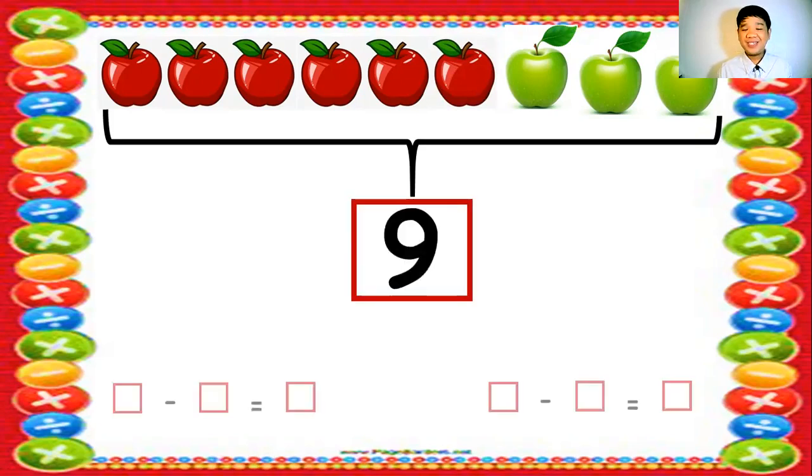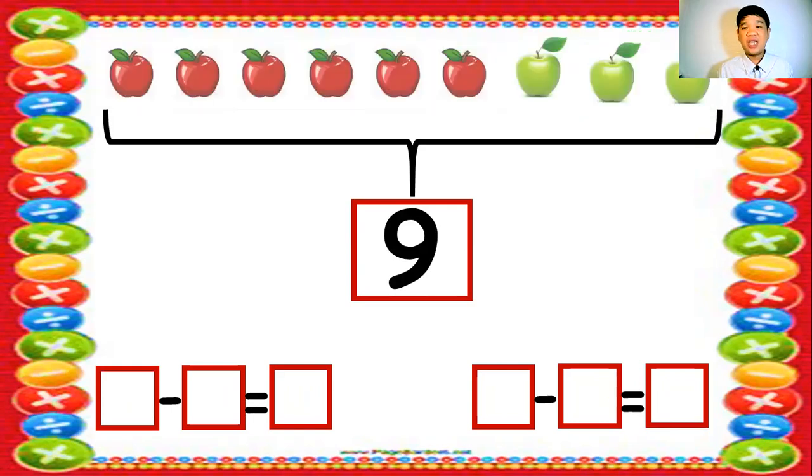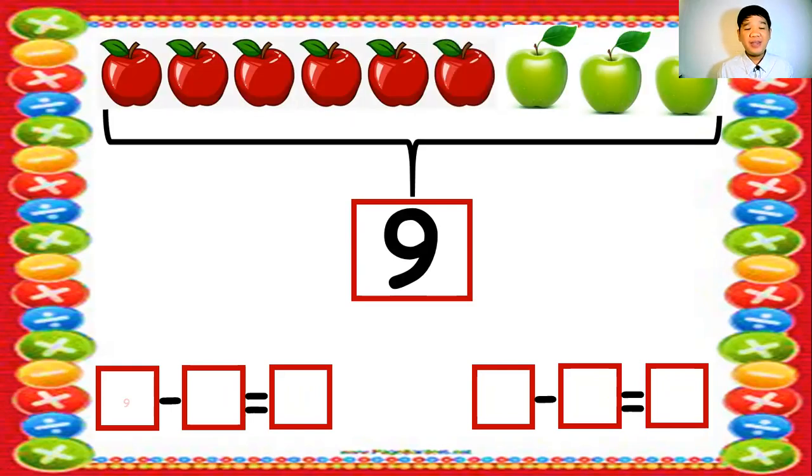All right, so this time, let us use the subtraction method by answering the questions. So the question is, how many green apples do we have?